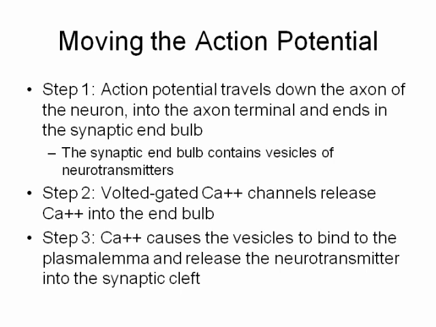These last two slides that we are going to consider simply outline the steps involved in moving the action potential down along the sarcoplasmic reticulum. You can see here the action potential is going to come down the axon of the neuron.